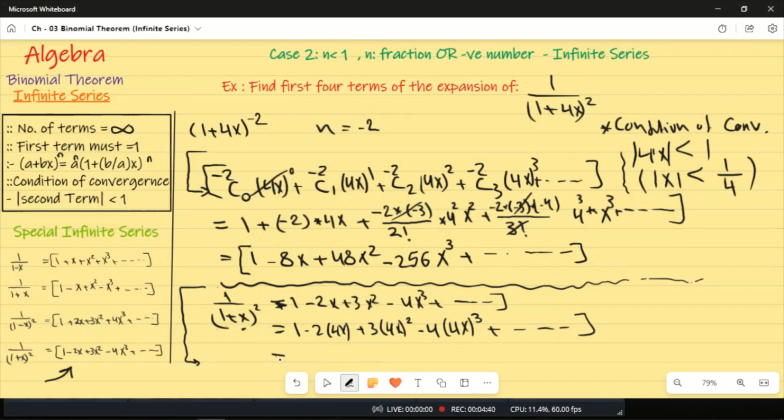Okay, here we have 1 minus 8x plus 48x squared minus 256 cubic x plus the continuation of our series. So you can use this special series to find this expansion. Okay, let's move to our next example.